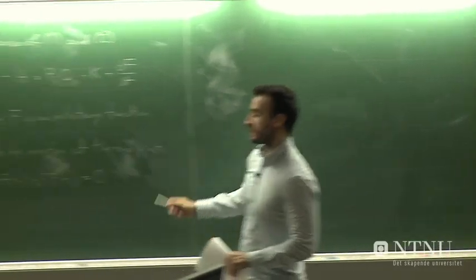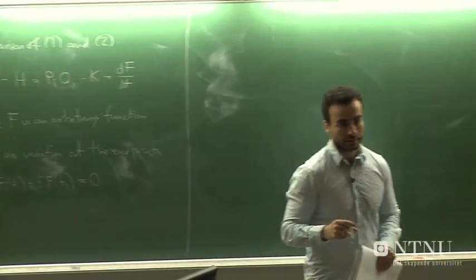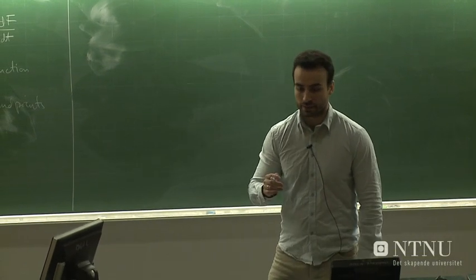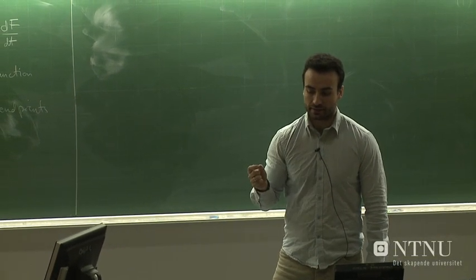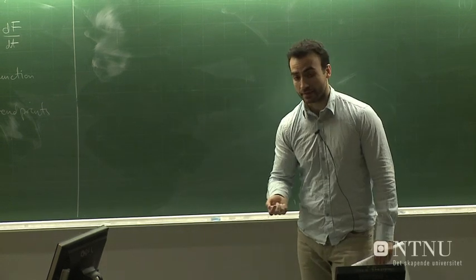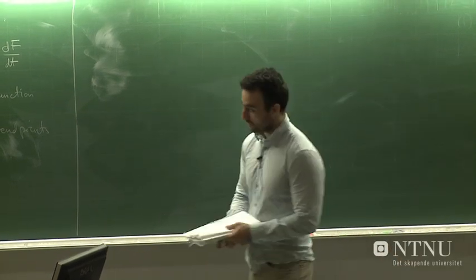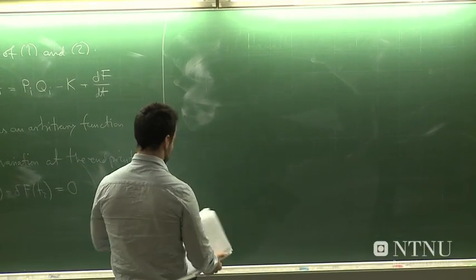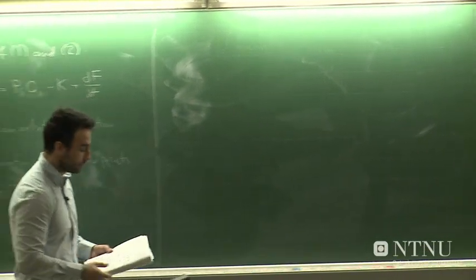Now f is this twist that I mentioned to you. So f is very important because you can think of it, actually it's known as a generating function for the transformation that we're after. So let me explain to you what I mean.